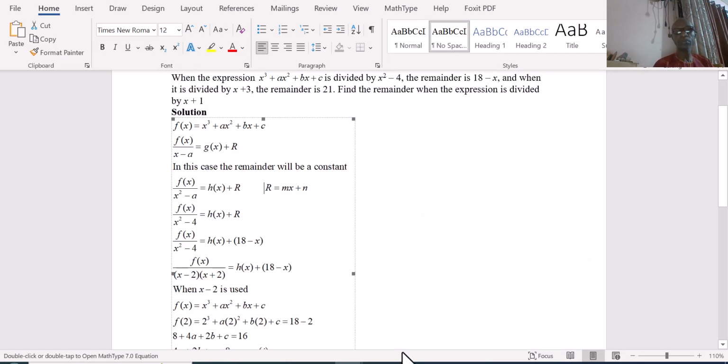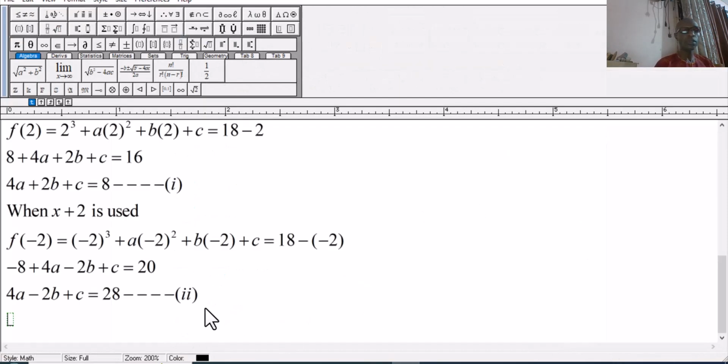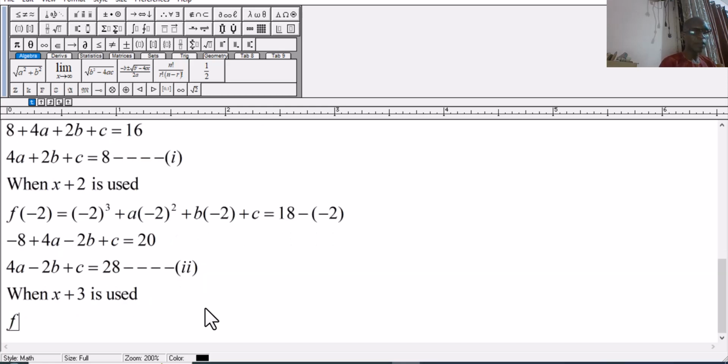So now they gave us that this expression is also divided by x plus 3. So when x plus 3 is used, we have f of minus 3.